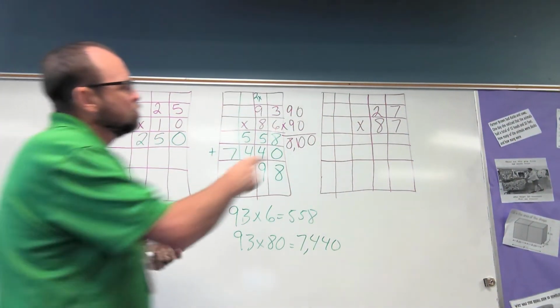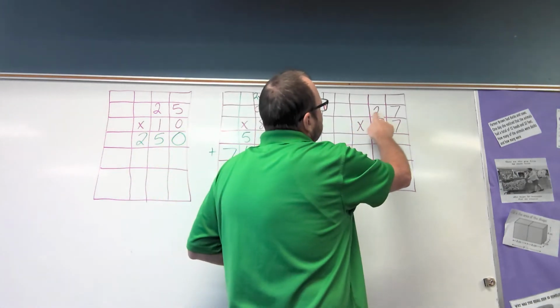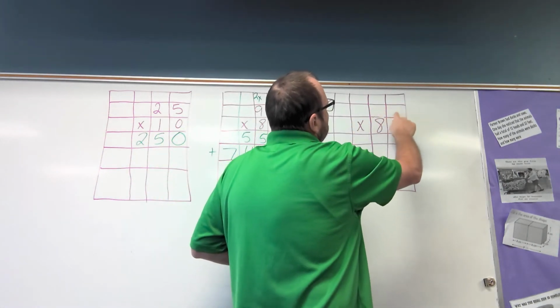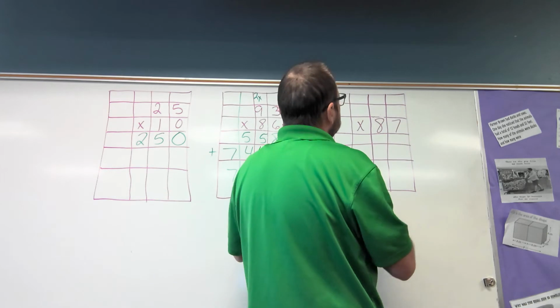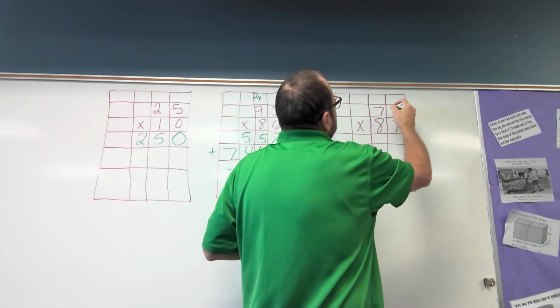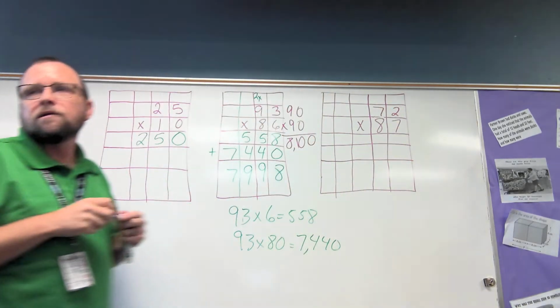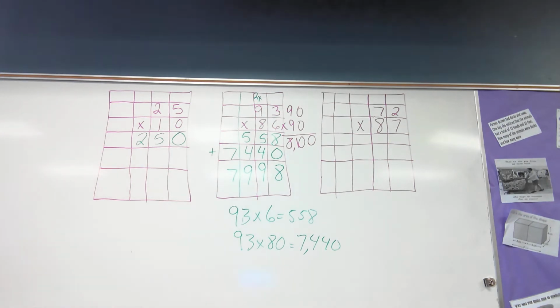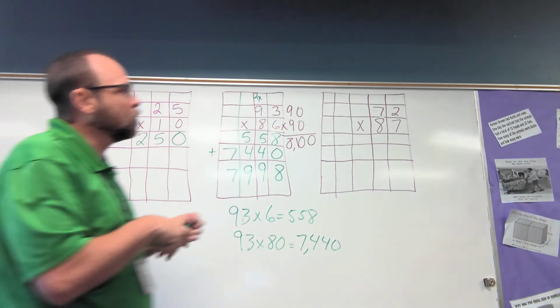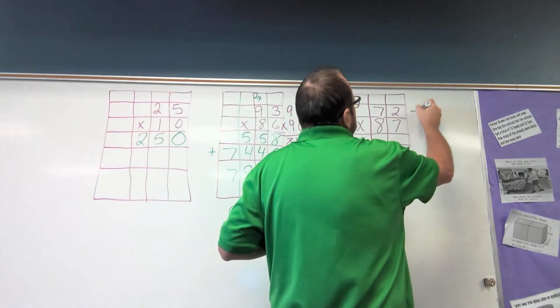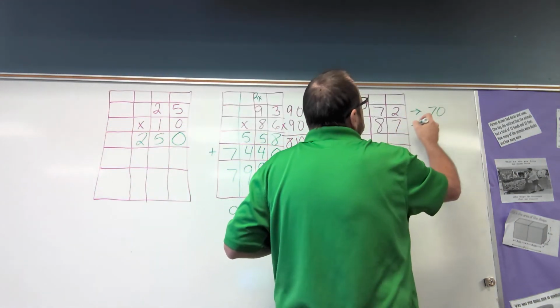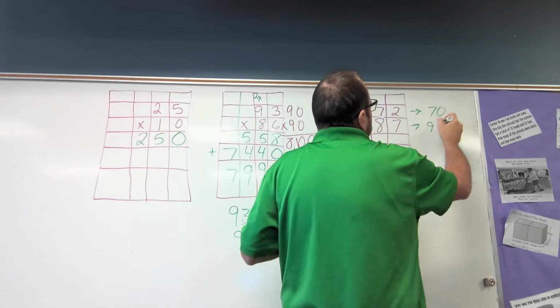Now, Landry, you said this one was 72? Yeah. All right. If you're watching at home, go back and fix so we can do the same problem. Okay, 72. Now again, I'm going to estimate. I estimate before I do the problem. I'm changing 72 to 70. I'm changing 87 to 90.